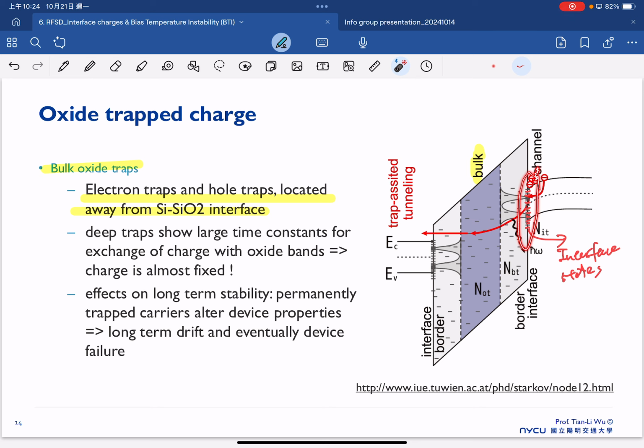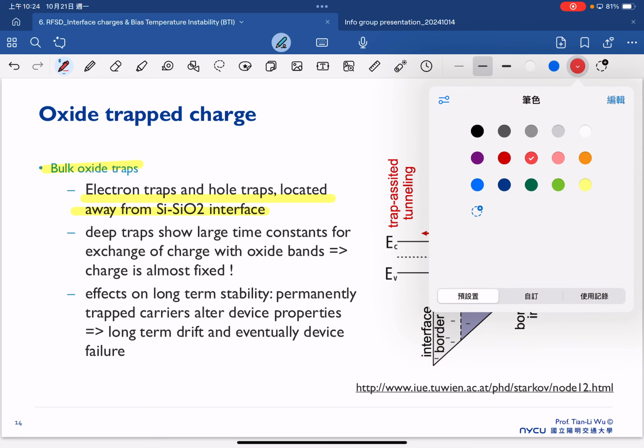That's why people started to propose that, okay, nowadays, this trap here is not enough to support our understanding. So we came up with the idea that traps might also happen a little bit further inside the dielectric, but not that far. We generally call this a border trap.